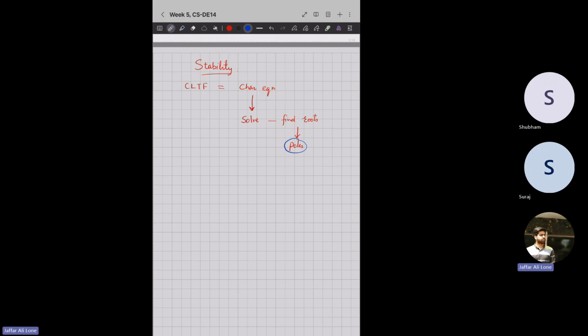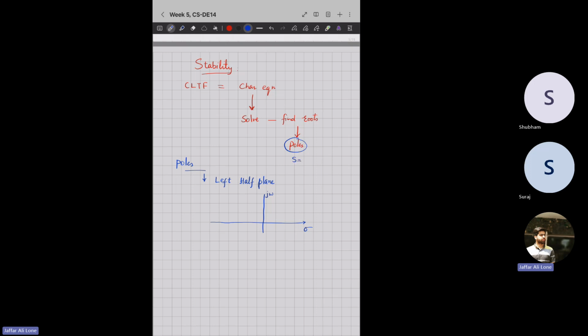So if these poles lie in the left half plane of the complex plane, I'll just make the complex plane here. This is my sigma and this is j omega. This pole, let's assume I'm denoting it as s, will be something like sigma plus j omega.